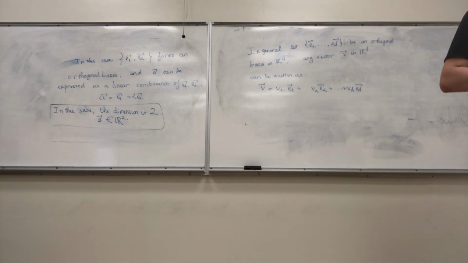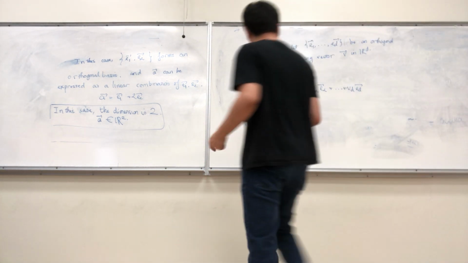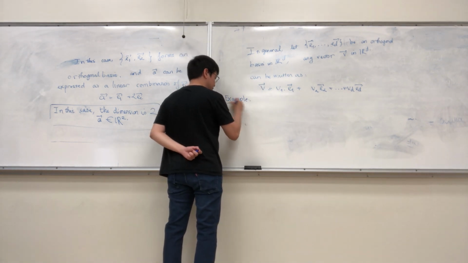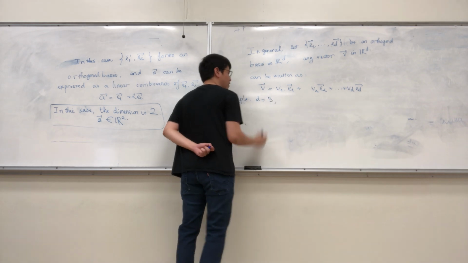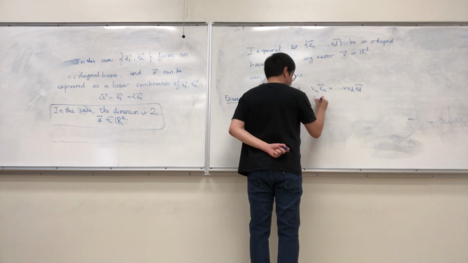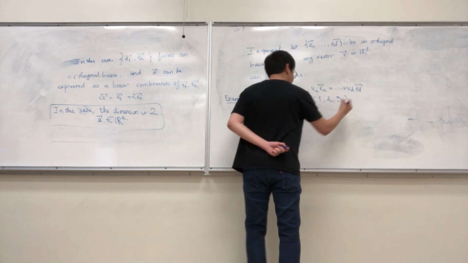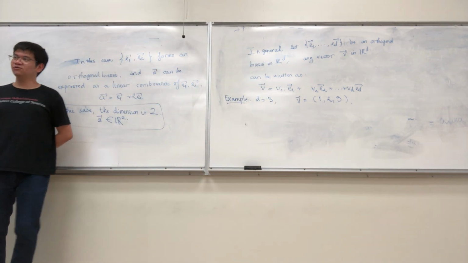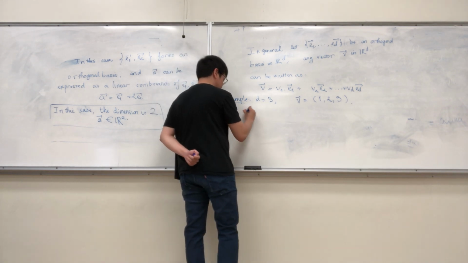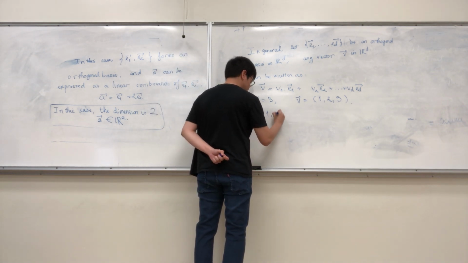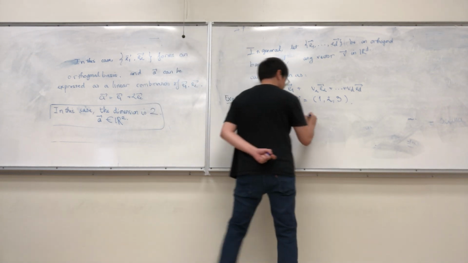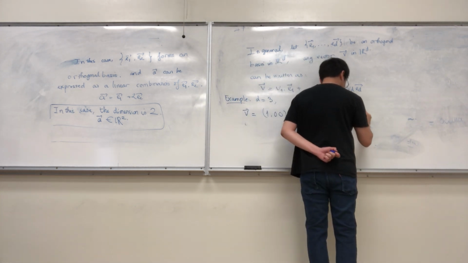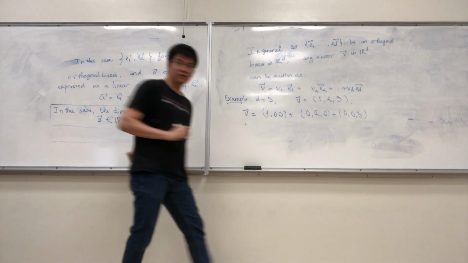It's clear? Questions? So for example, let us try to understand the case when D is 3. All right, so you have V will be 1, 2, 3. Clear? So I can decompose V as 1, 0, 0 plus 0, 2, 0 plus 0, 0, 3. All right?